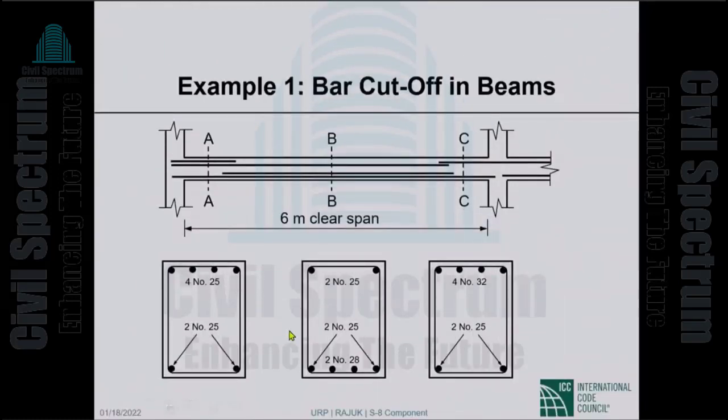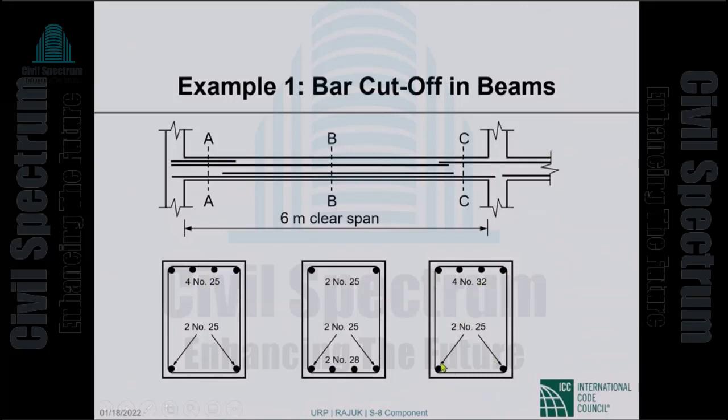Okay, so this is the picture. We have at the exterior support section 4 number 25 top bars, in the span 2 number 25 and 2 number 28, and at the interior support section 4 number 32.